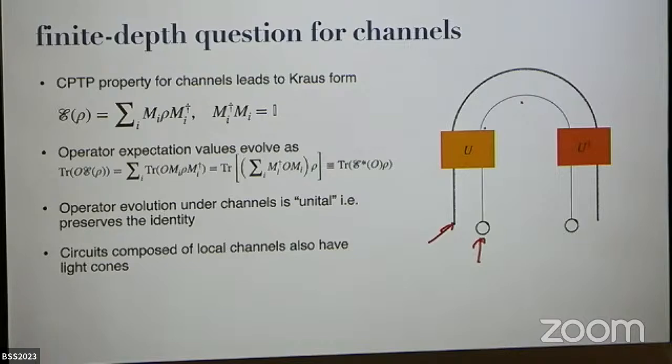If you take the Kraus representation of the channel, I'm not allowing myself to measure the ancillas. If you measure the ancillas and put the measurement apparatus inside the universe, or inside your system, then like Ehud said, that would be a channel, right? The key thing about a channel is that something always happens on every trajectory.